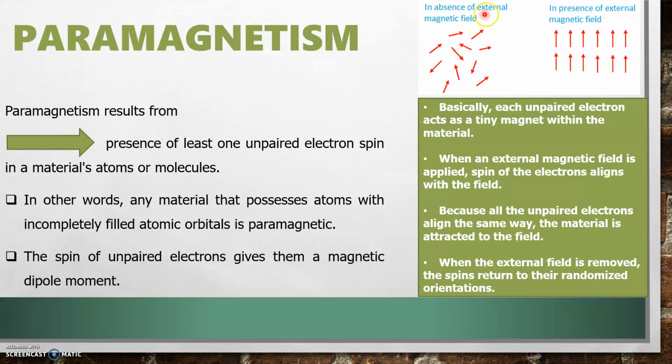That is why in the presence of an external magnetic field, that electron, having the property of a tiny magnet, will align in the direction of the field, and all unpaired electrons will align in the same way, and that is why a paramagnetic material is attracted in the magnetic field. When the external field is removed, their spins are again in random orientation. They go back to their original form.